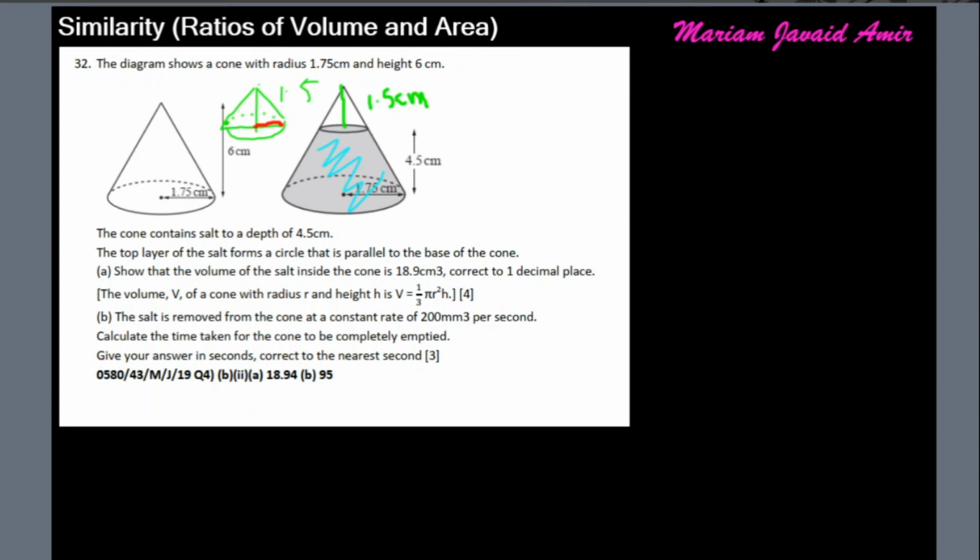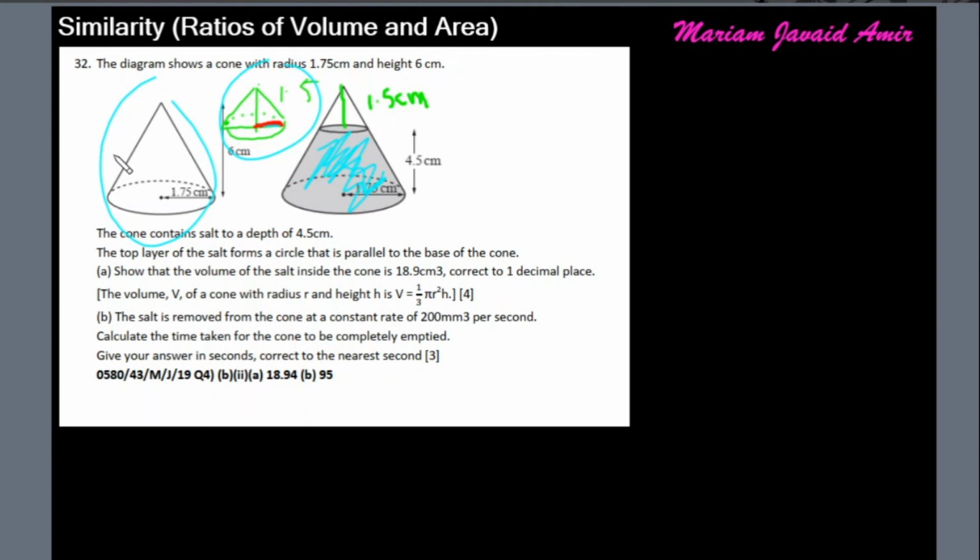To find the volume of this region, we simply need to subtract the whole cone's volume and the smaller cone's volume. But the problem here is that we don't have the radius in red. I need this radius first so that I can find the volume of the smaller cone. So let's find the radius first.